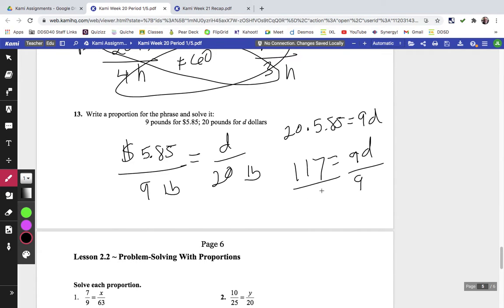Divide by 9. 117 divided by 9 equals 13. So D is equal to 13. Let's put that back in. So 20 pounds is $13 even.